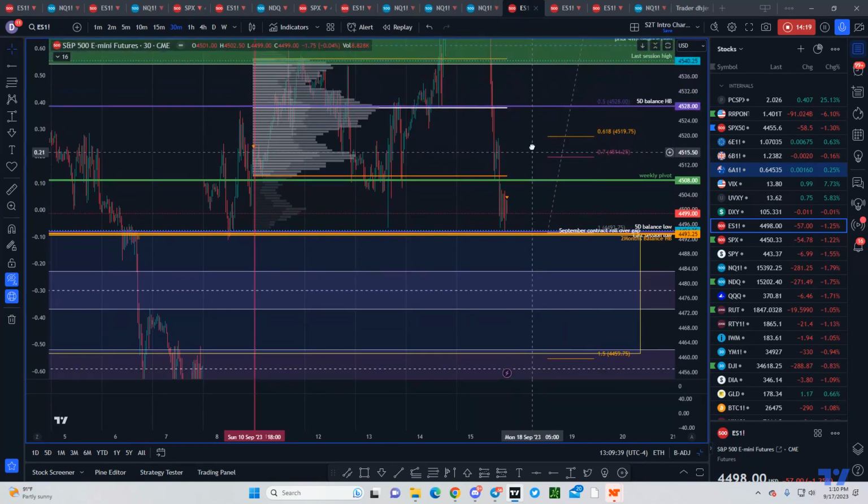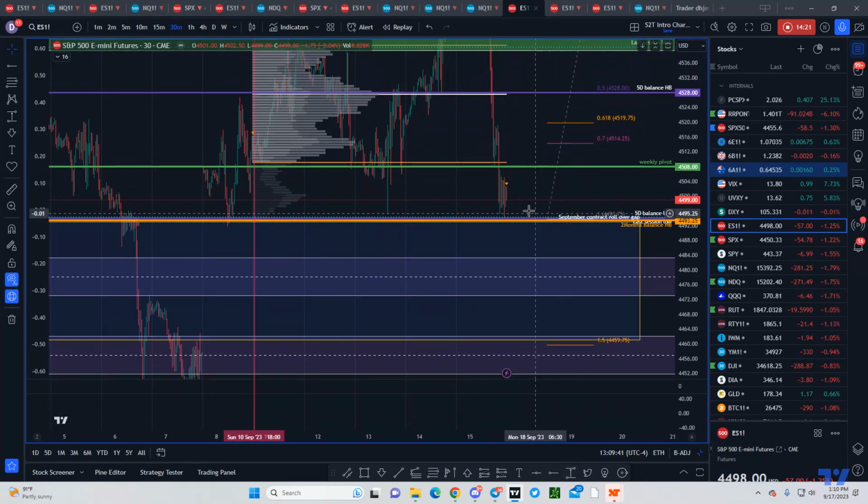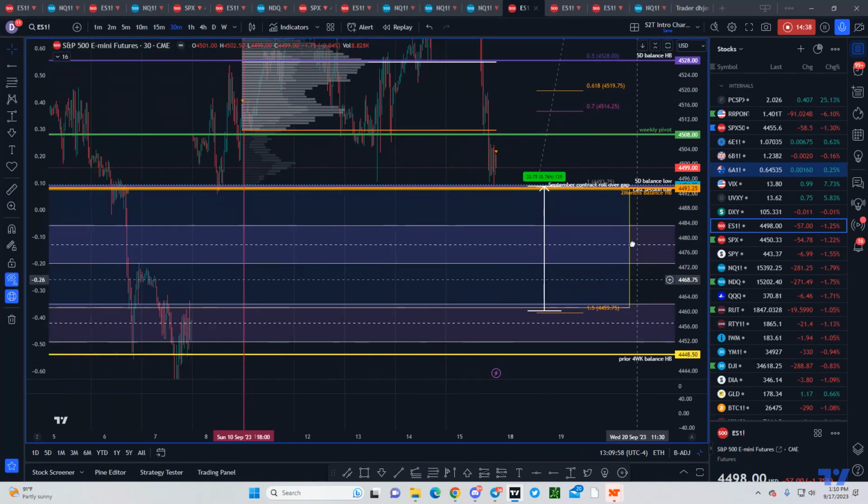So the same 50% that I mark from here, from 0 to the 50%, I'm going to mark it from 0, which is the lowest point, to 50%, and that takes us into the gap fill area.